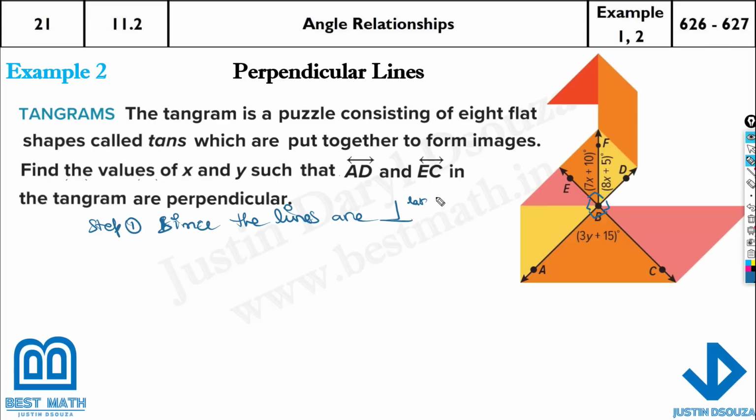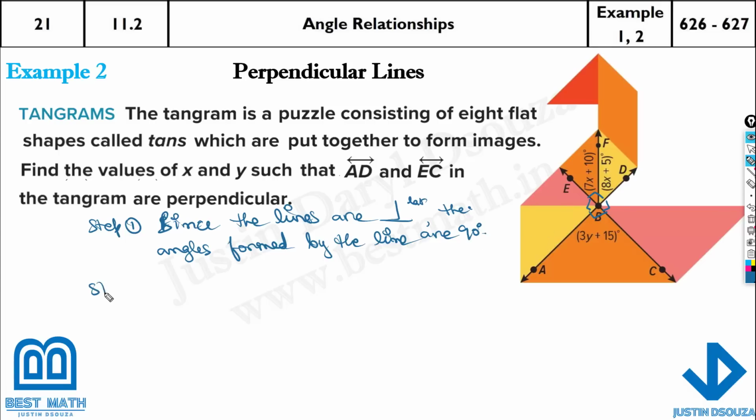Since the lines are perpendicular, the angles formed by the lines are 90 degrees. Because it's writing, even if you don't write it, it's fine, but it's better you write it in detail. Since the lines are perpendicular, all the angles that are cut are 90 degrees.